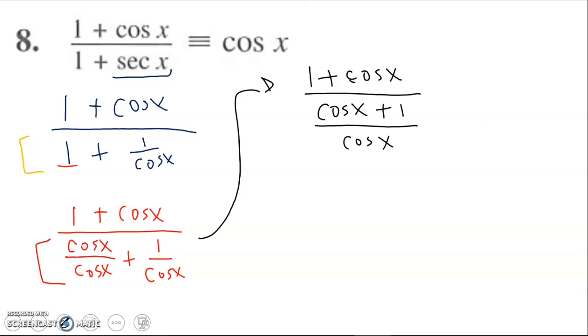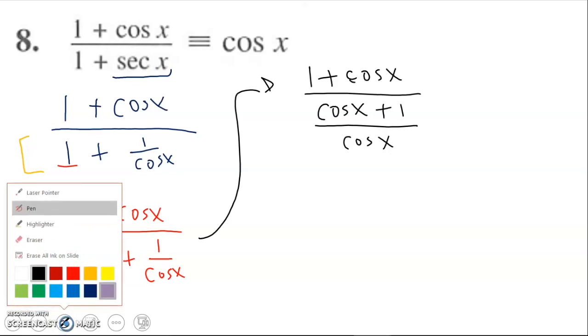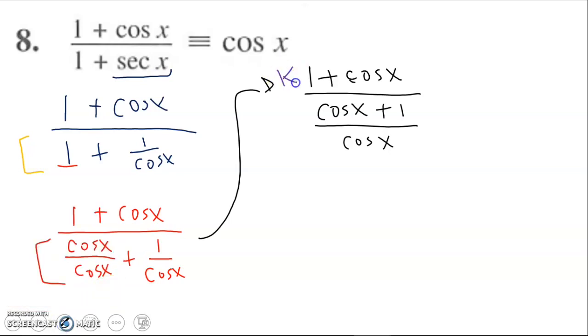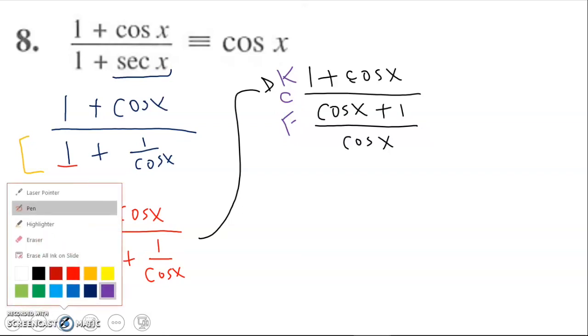Now you have basically a fraction divided by a fraction. So what you can do here is keep the first fraction, change division into multiplication, and flip your second fraction. That's exactly what I'll do.